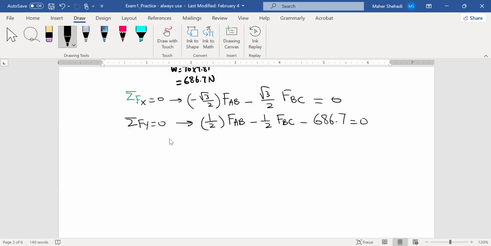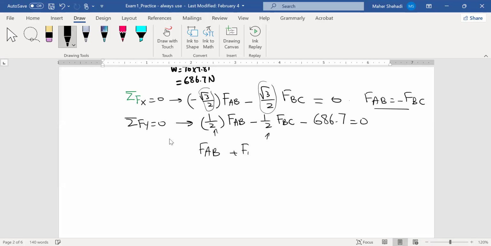Actually, it's not that hard. It's not that complicated. Here, if you notice, it's the same coefficient, this and this. So we're gonna get FAB equals minus FBC, right? This is actually much easier than solving this whole thing. And here also they're the same, half and half. So I'm gonna get FAB minus FBC.